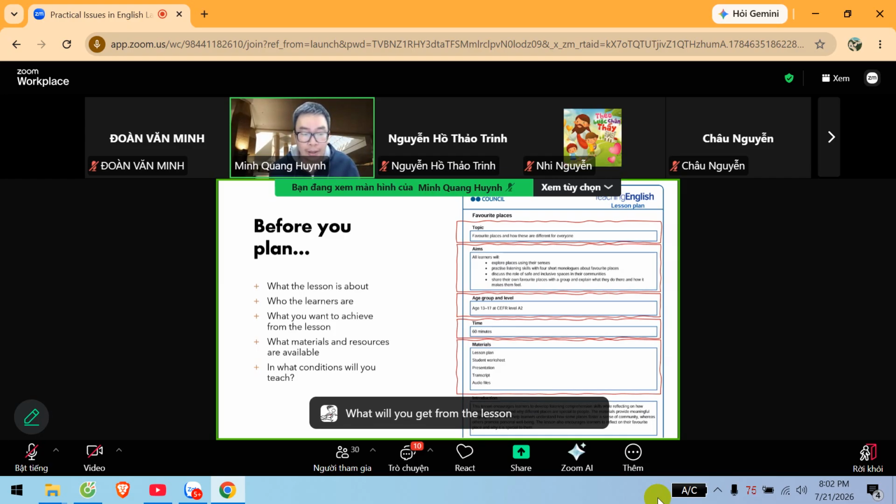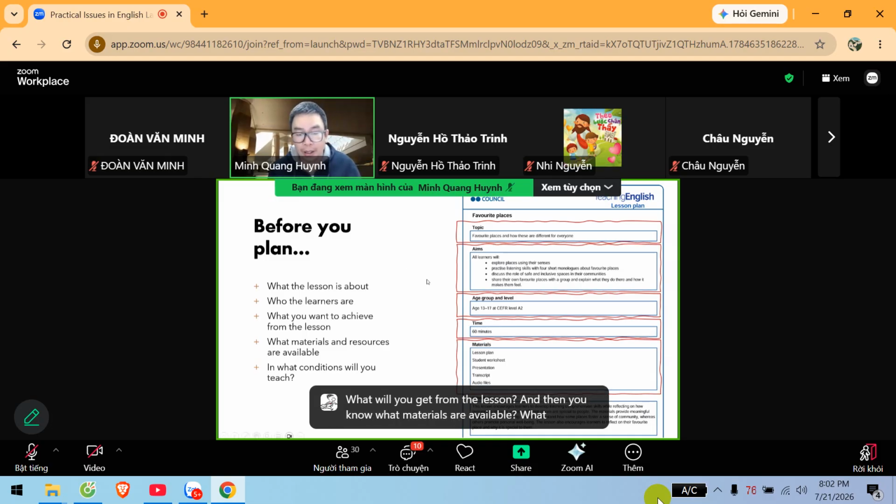And then, what materials are available, what conditions, and also what assumptions do you have about the lesson? These are the things that we need to think about and answer before we plan the lesson. So the first thing that everybody should think about when you plan your lesson is who your learners are. When you think about who your learners are, what do you think?